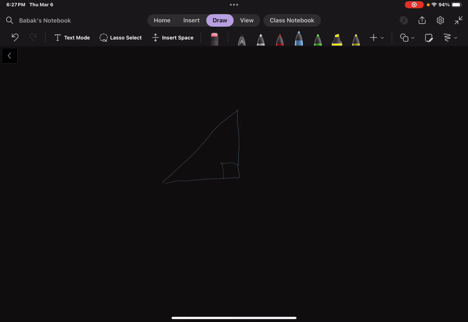Now, if you have an angle here, it will always be the case that the other angle will be complementary to angle A. Or rather, angle B will be complementary to angle A.